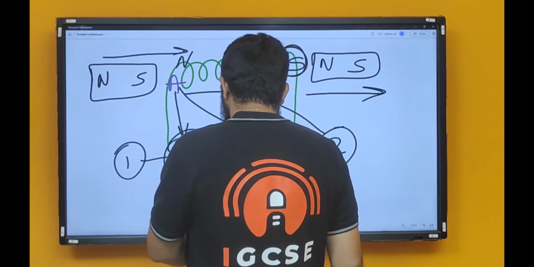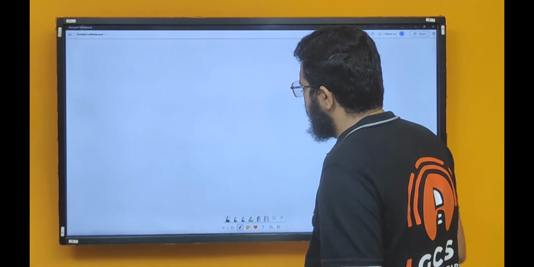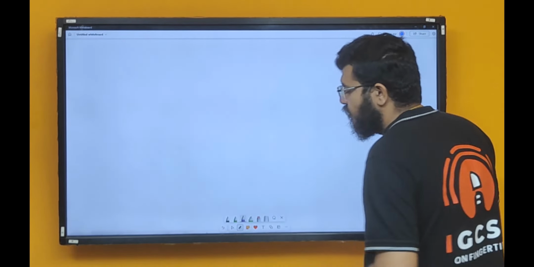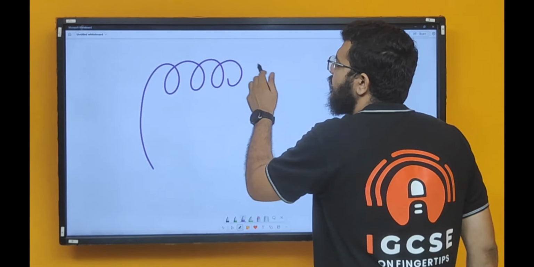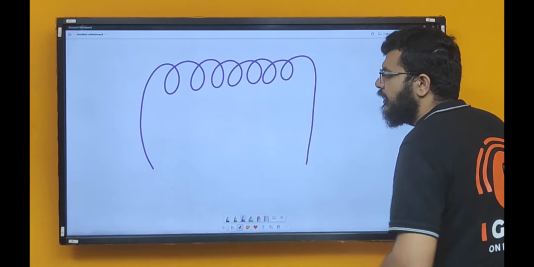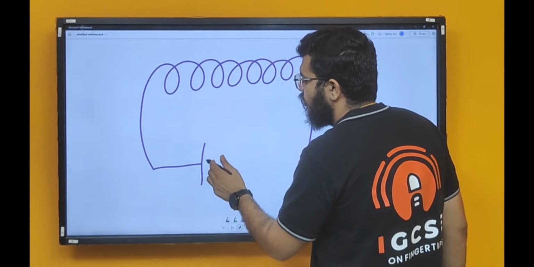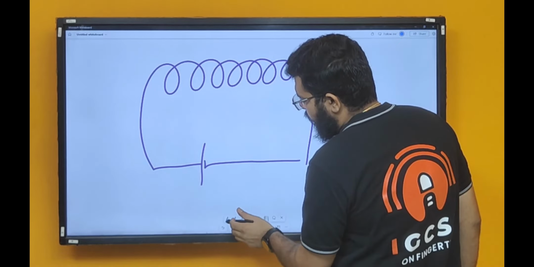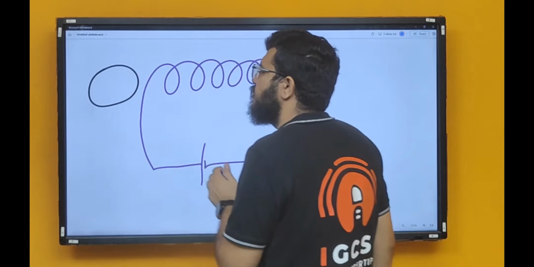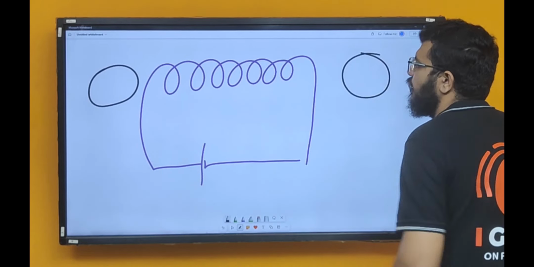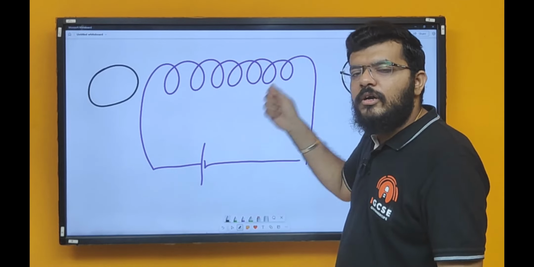If this is the south pole, then at position 2 this is the north pole, and this is how they ask you questions. Now there is just one small thing that I just remembered I should have included right in the first topic: what is the direction of the magnetic poles when current is passing through a coil? Let's look from here. Now you can't see 3D, so you don't know if I've coiled it like this or like this.